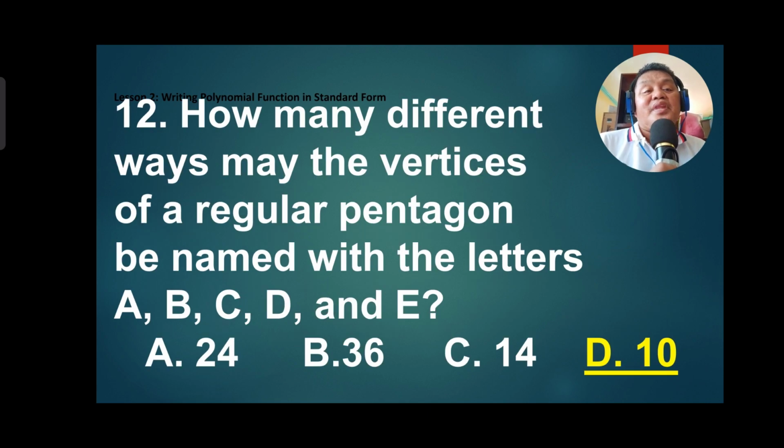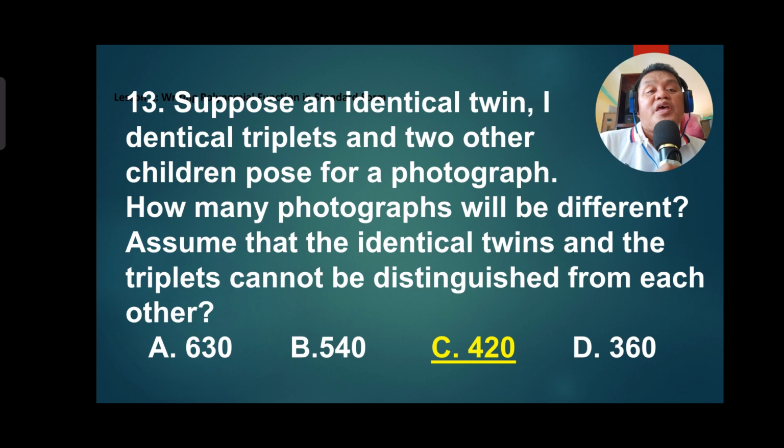Number 12. How many different ways can the vertices of a regular pentagon be named with the letters? We have a regular pentagon, so the possible answer here is 10. Number 13.